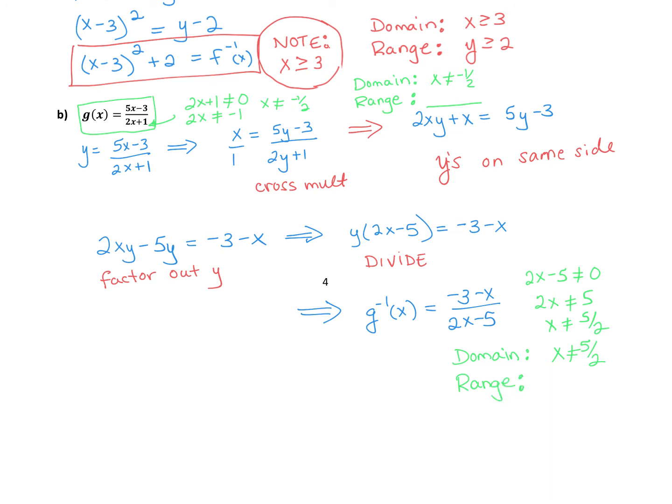But what we do know is that when we find the inverse function, the domain and the range get switched. So that must mean that this is y cannot equal 5/2, and this is y cannot equal negative 1/2. Just switching the domain and the range for our function and our inverse.